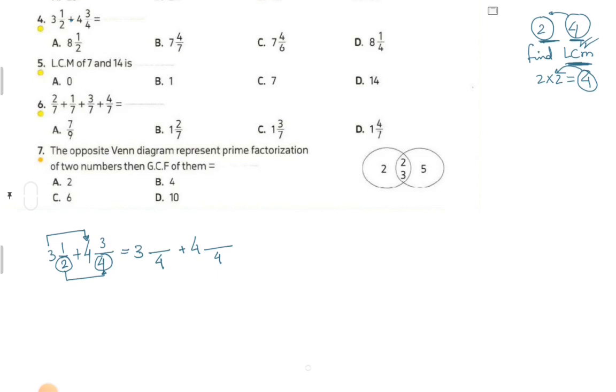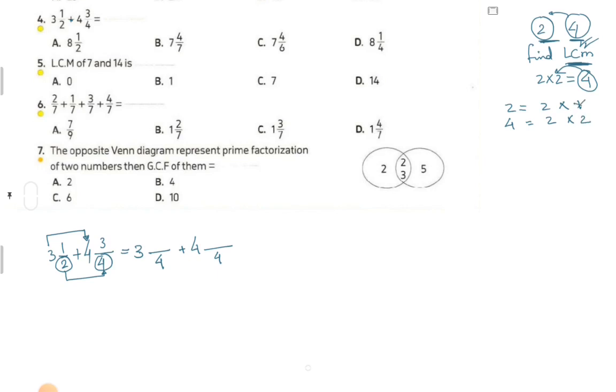Because 2 is equal to 2 times 1, and 4 is equal to 2 times 2.